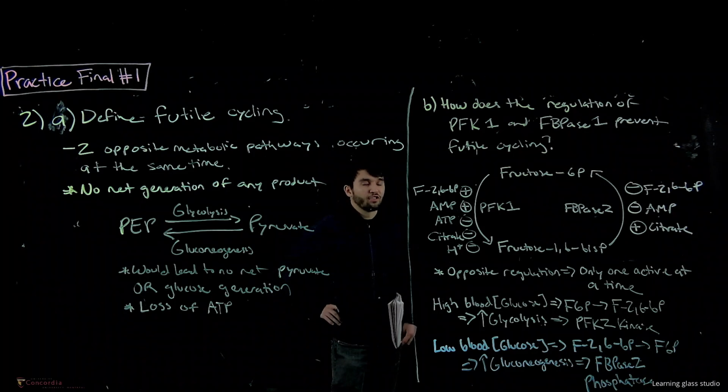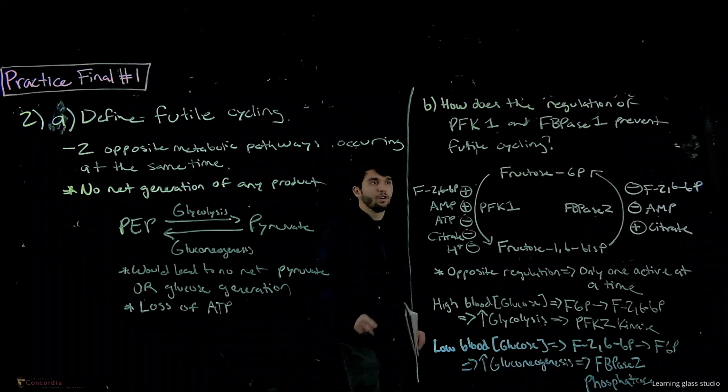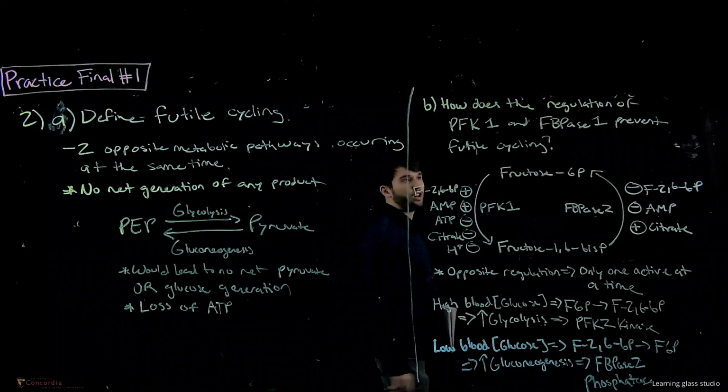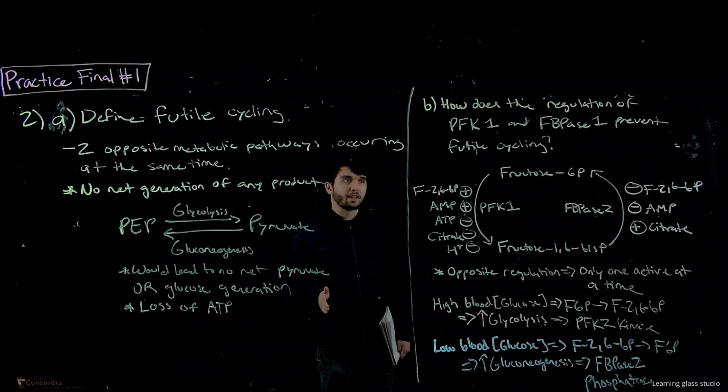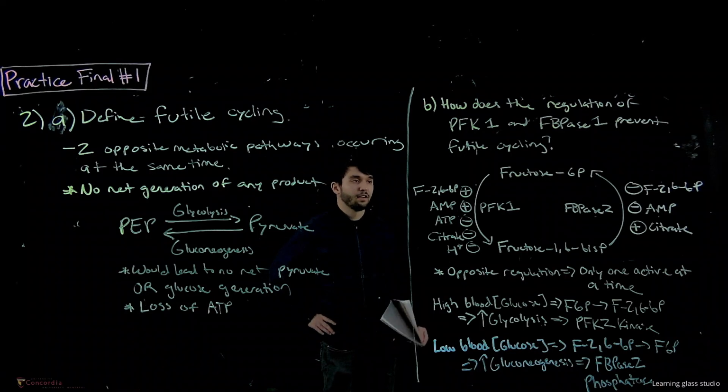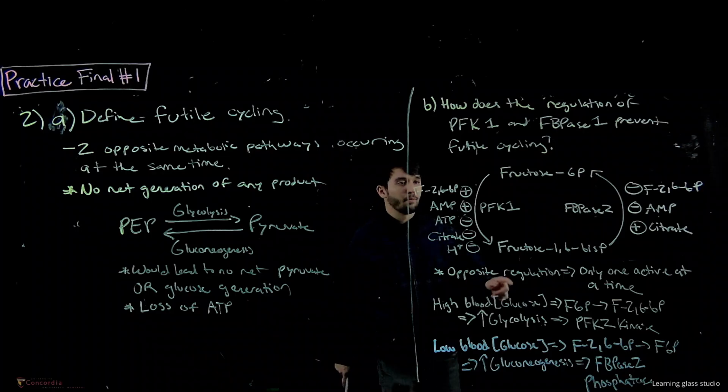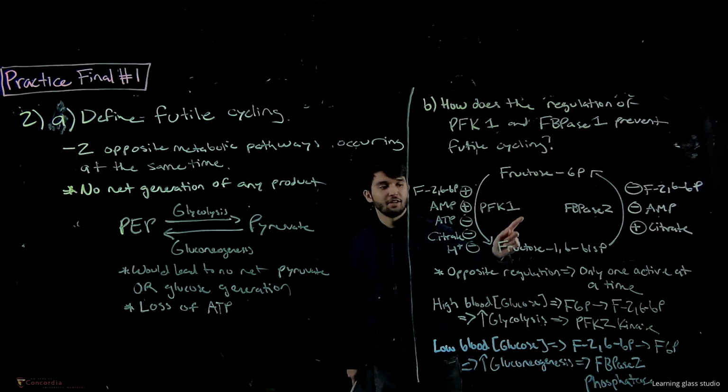So the question, part B, is asking, in glycolysis and gluconeogenesis, how does the regulation of PFK1, phosphofructokinase 1, and FBPase1, fructose bisphosphatase 1, prevent futile cycling? So here, remembering glycolysis, fructose 6-phosphate is getting converted into fructose 1,6-bisphosphate by phosphofructokinase 1.